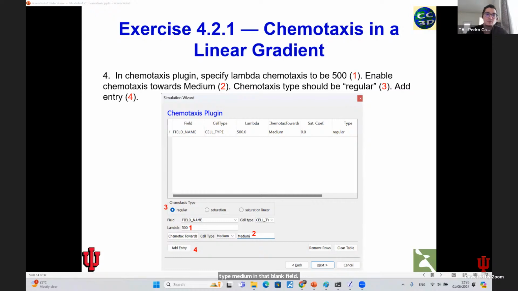And then you know your settings are correct when you see in the Chemotaxis plugin table the field name, the cell type, the lambda, the chemotax towards medium, and regular type with no set coefficient, no saturation coefficient. Saturation coefficient is not in this lecture. I will talk about it later.